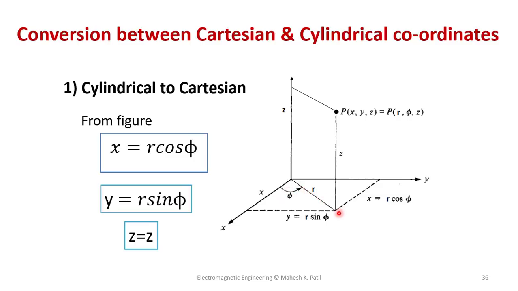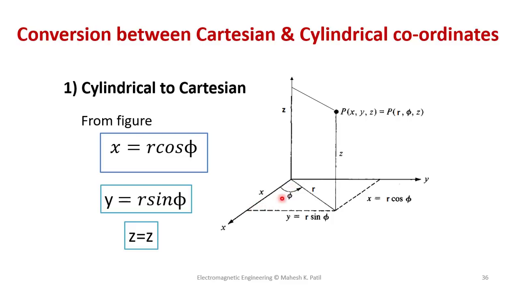Now if I draw a line from this point parallel to the x-axis, and another parallel to the y-axis, one is going to meet on the x-axis and the other on the y-axis. Now this distance is r, this is the angle phi. Now what is this distance? Basically, consider this triangle.